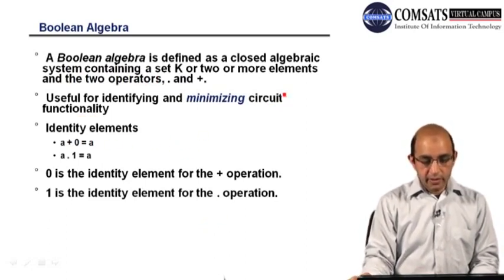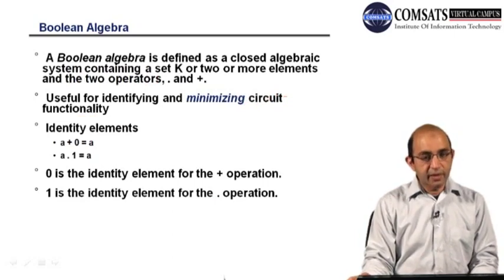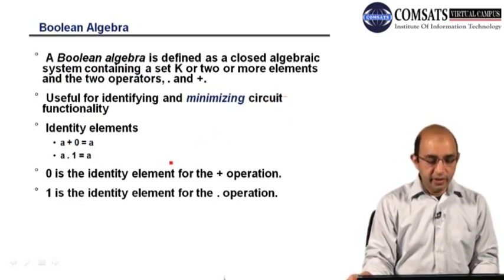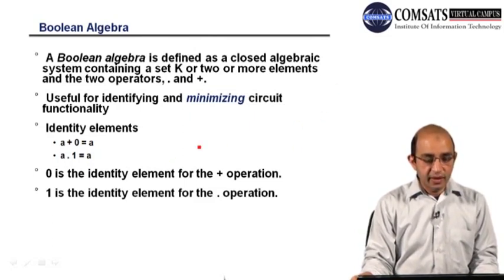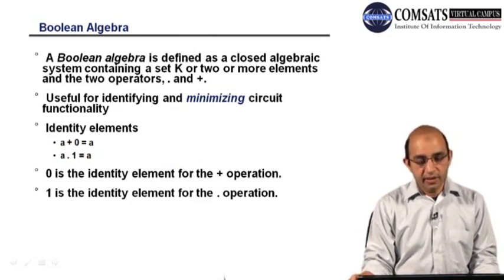Then there are some identity elements, right? In case of the OR operation, we have 0 as the identity, and in case of the AND operation, we have 1 as the identity element. So this is important.